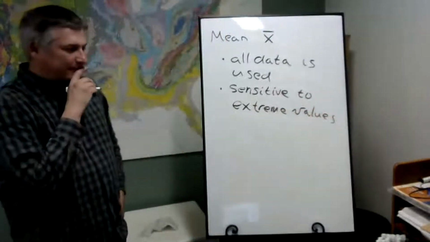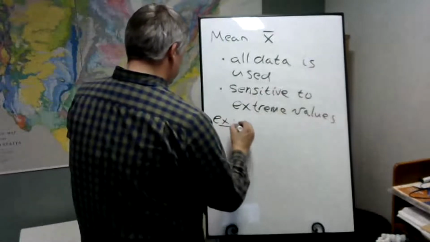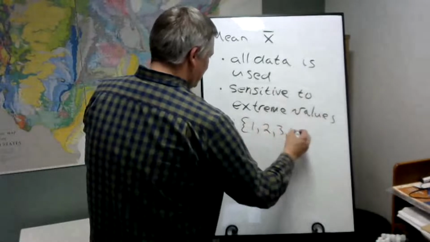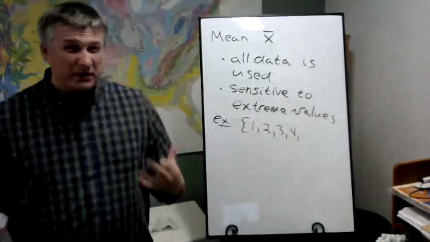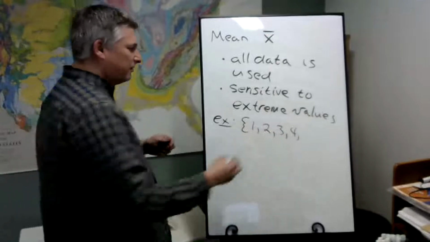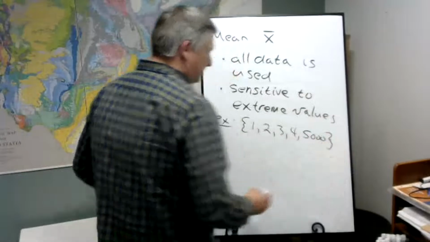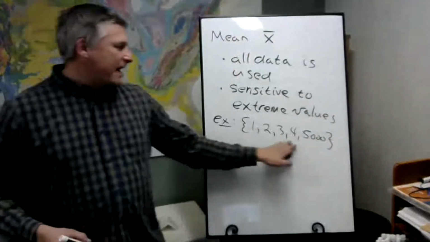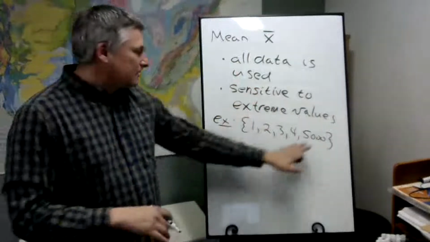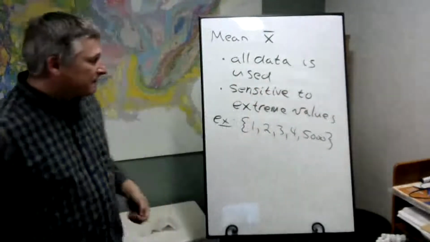So let me give an example. Let's take our data set and change just one of the data points. We have 1, 2, 3, 4, and let's go with 5,000. So 4 of the values are of the same magnitude. This one's way off, but it's only one value, 1 out of the 5.